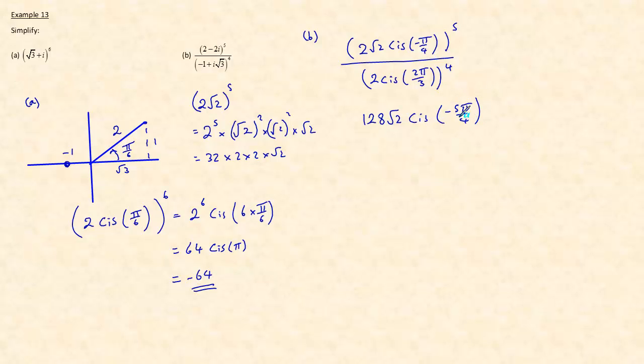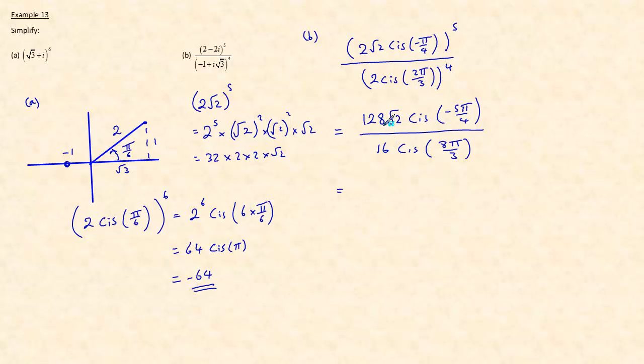Don't worry about the fact that this isn't a principal argument to start with. On the bottom here, we've got 2 to the 4, which is 16, cis 8 pi by 3, multiplying the angle by 4.